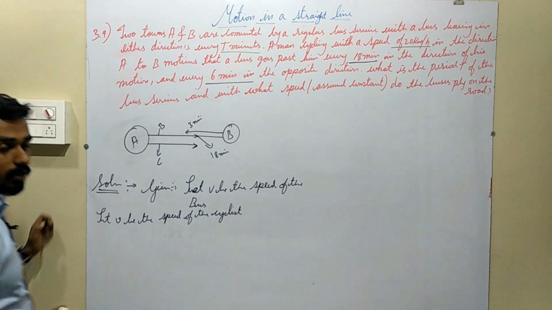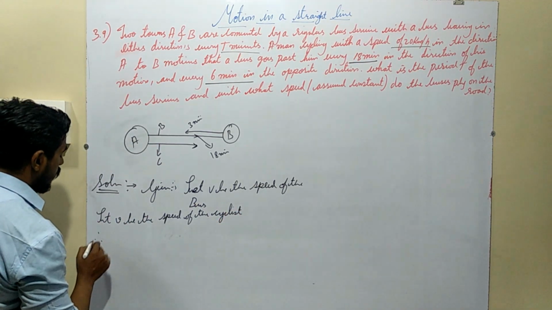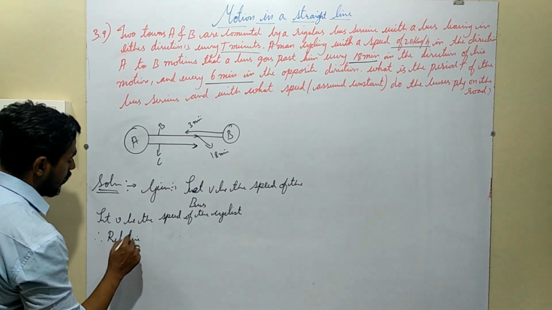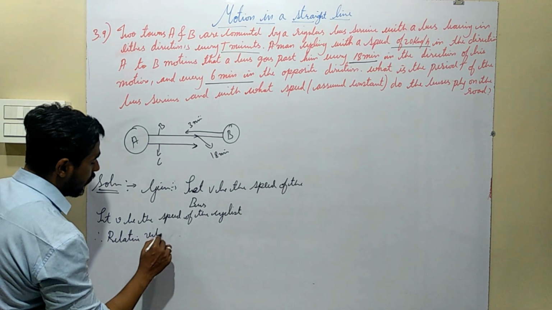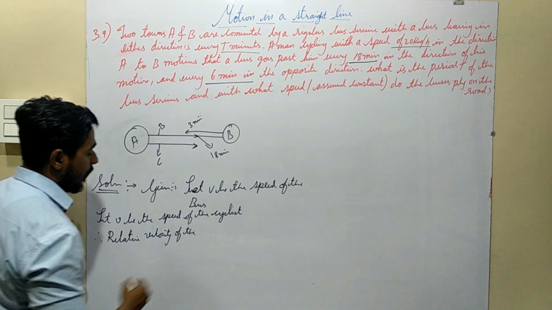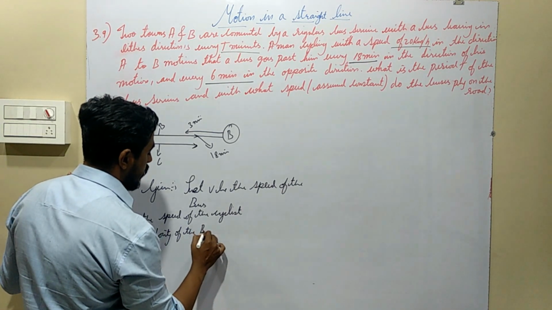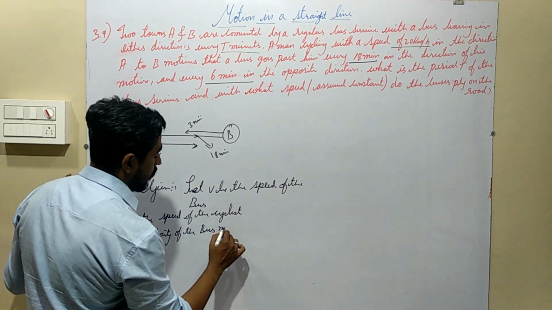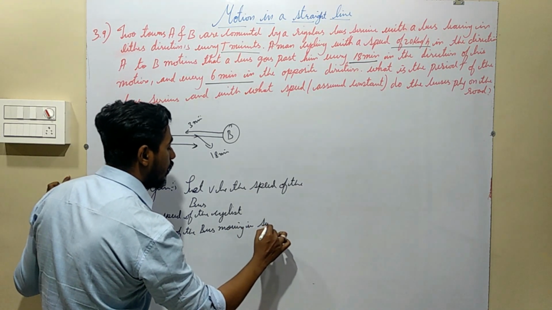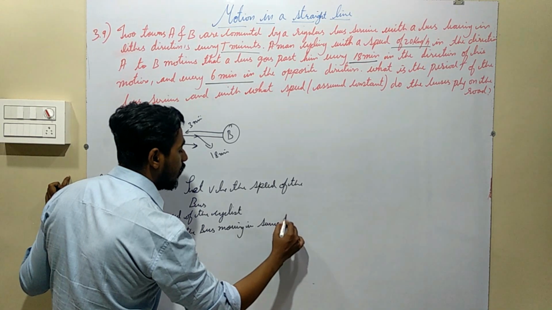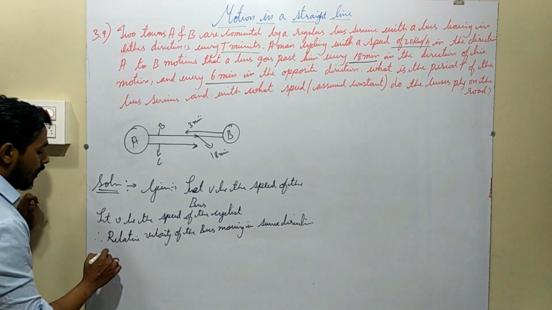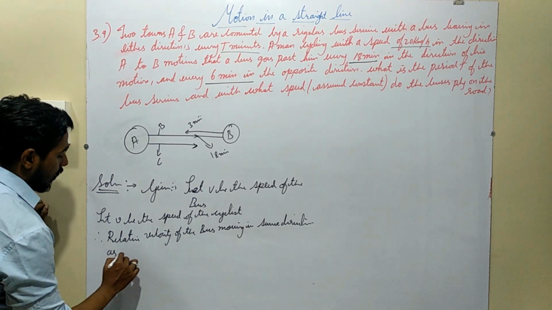Therefore the relative velocity of the bus moving in the same direction as the cyclist.